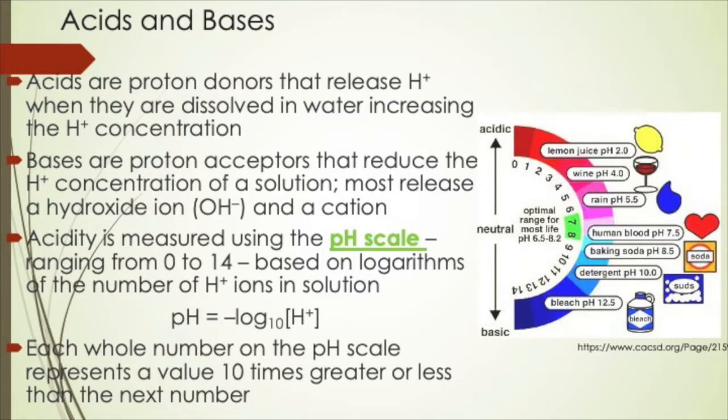Next is acids and bases. So you should know what an acid and base are. Acids are proton donors. This means that they release hydrogen ions when they're dissolved in water. You should know that. They increase the hydrogen concentration when they're dissolved in a solution. Okay.